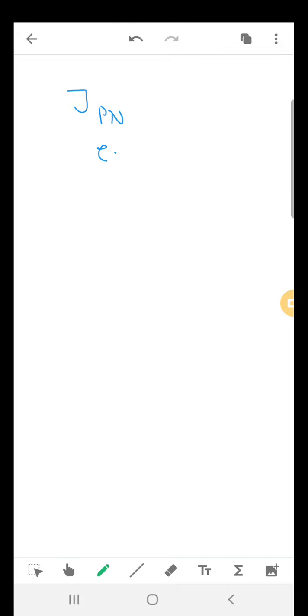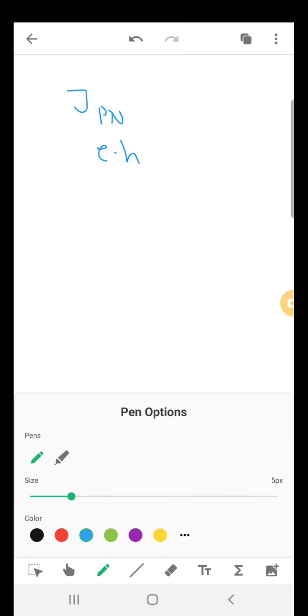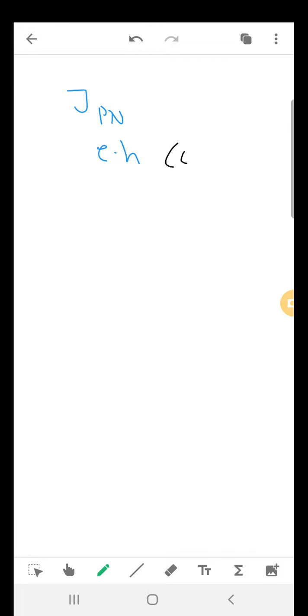Electron hole pairs are created, and an electric field is established due to the creation of these electron hole pairs. So it is actually a potential across the junction. There is a P side, there is an N side, a potential is created across this junction, and there is an electric field.